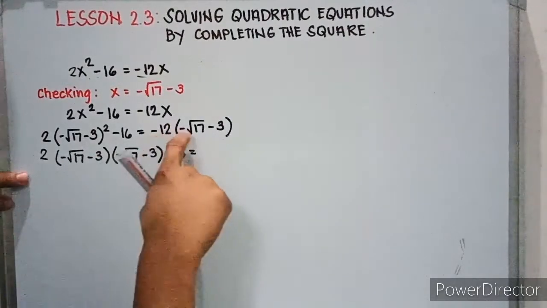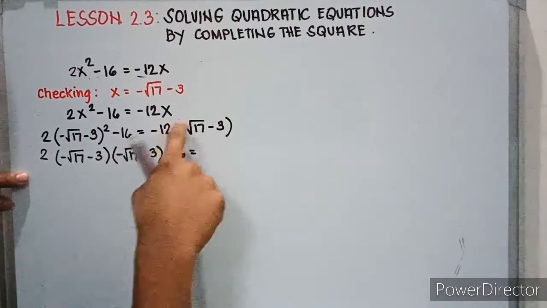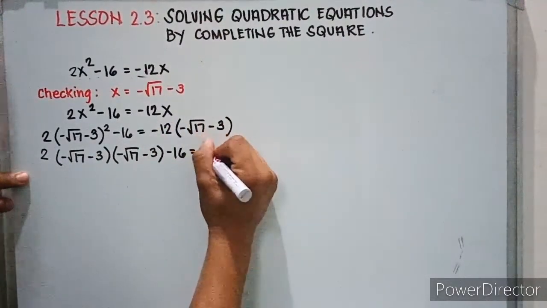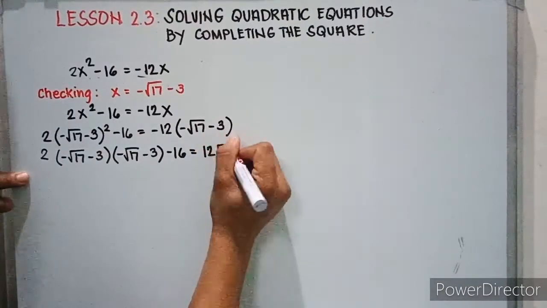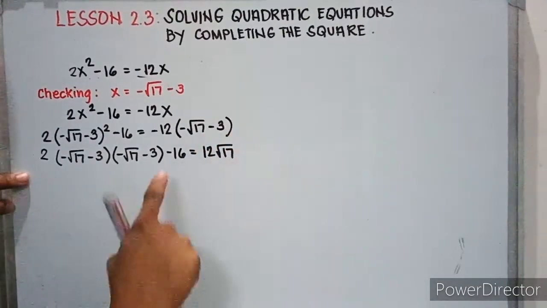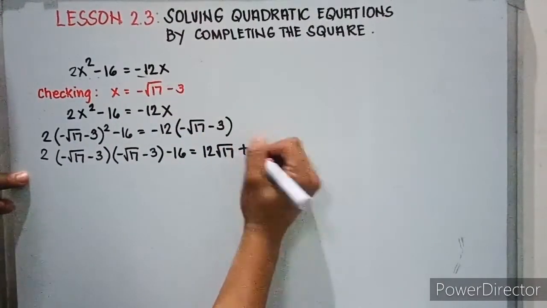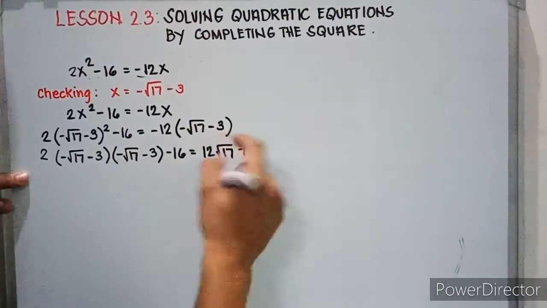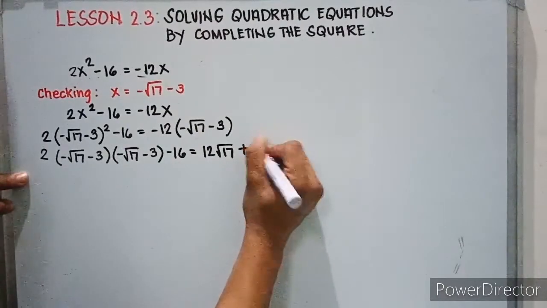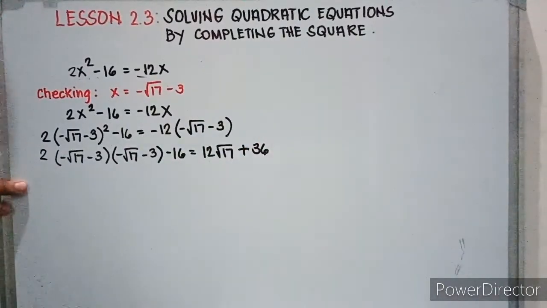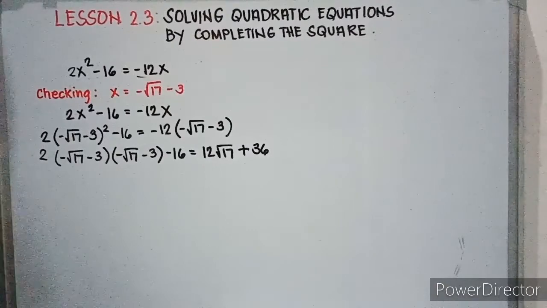So negative times negative, that is positive. 12 times square root of 17, that is 12 square root of 17. Then negative times negative is also positive. So 12 times 3, that is positive 36. Okay. Then we are going to simplify the left side.